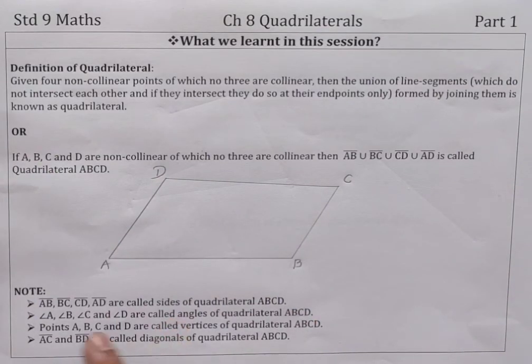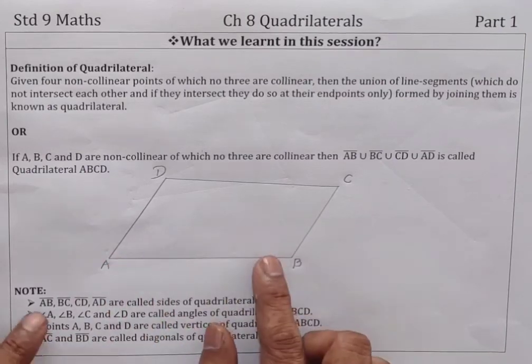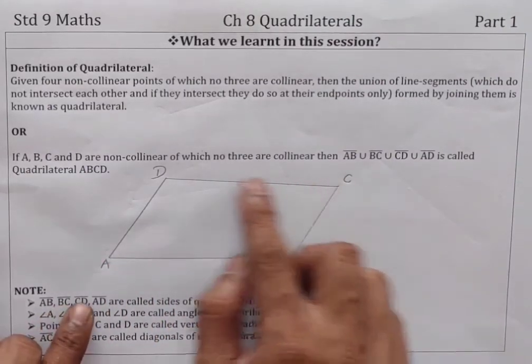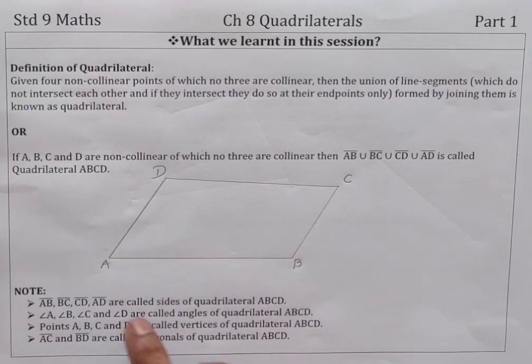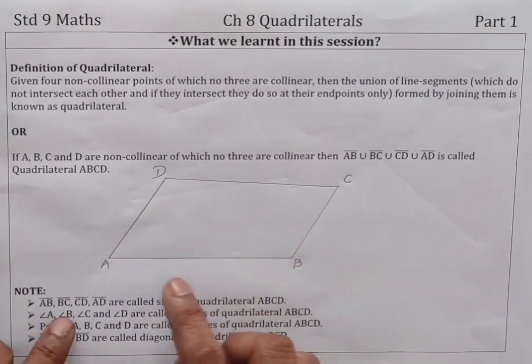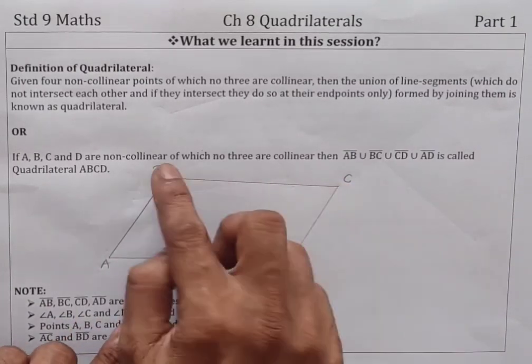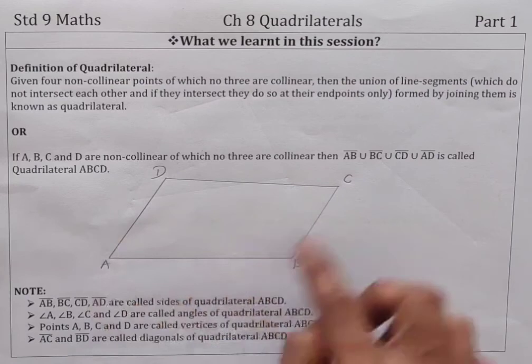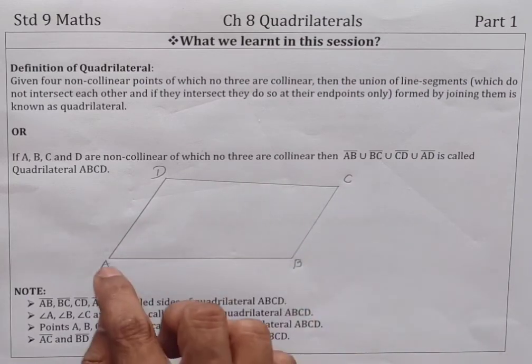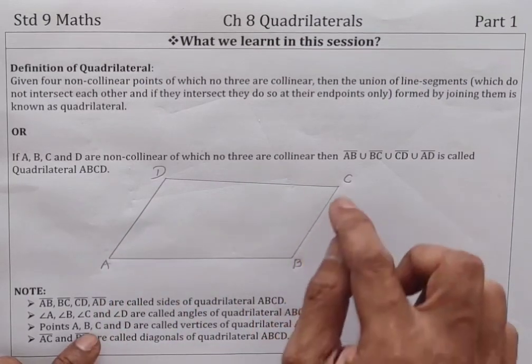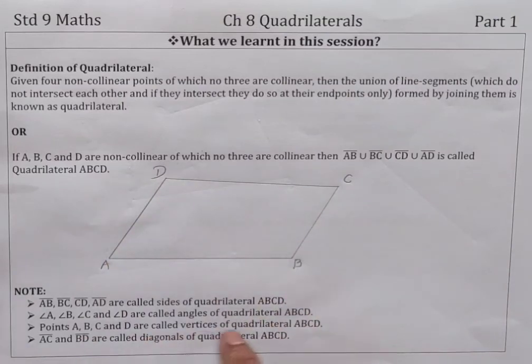Clear? Now note, segment AB, segment BC, segment CD and segment AD are called sides of quadrilateral ABCD. Angle A, angle B, angle C and angle D are called angles of quadrilateral ABCD. And these 4 points A, B, C and D, just points, are called vertices of quadrilateral ABCD.